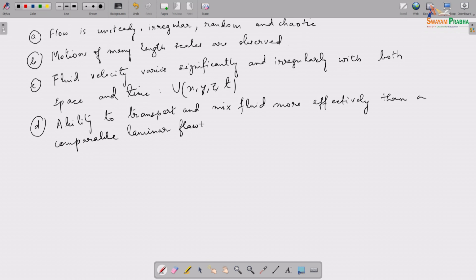That is very interesting, right? Not sure what the word comparable laminar flow would mean here, I guess because the Reynolds numbers are going to be different. Comparable meaning, I guess, in the same length scale. Okay. Now, this is a very interesting thing.